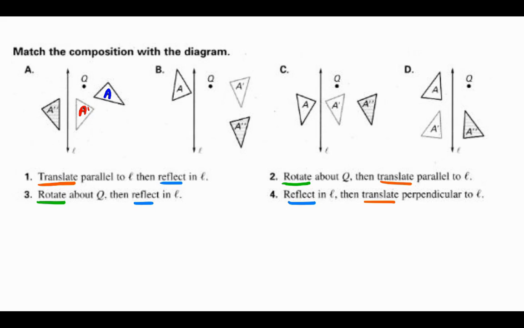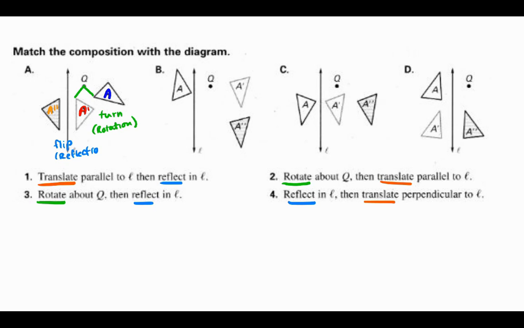If we look at how we got from one to the other, this is a matter of twisting or turning the object, so this is a rotation. Then from A prime to A double prime, our final destination, the object has flipped over the line, which is a reflection.